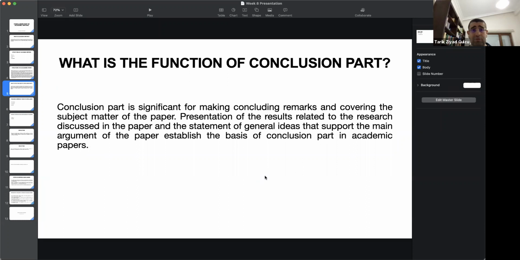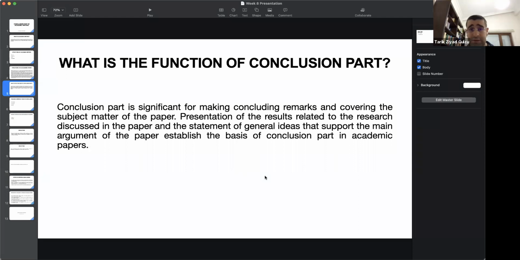So what is the function of the conclusion part? This is important. The conclusion part is significant for making the concluding remarks and covering the subject matter of the paper. How? For example, presentation of the results related to the research discussed in the paper, and the statement of the generic idea that supports the main argument of the paper, establish the basis of the conclusion part in academic papers.